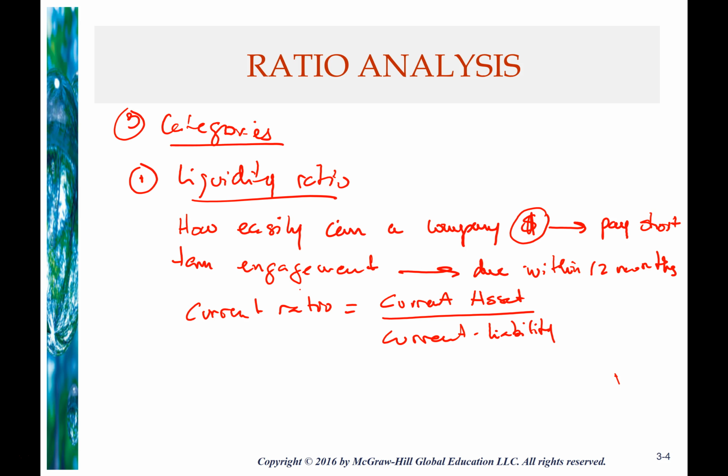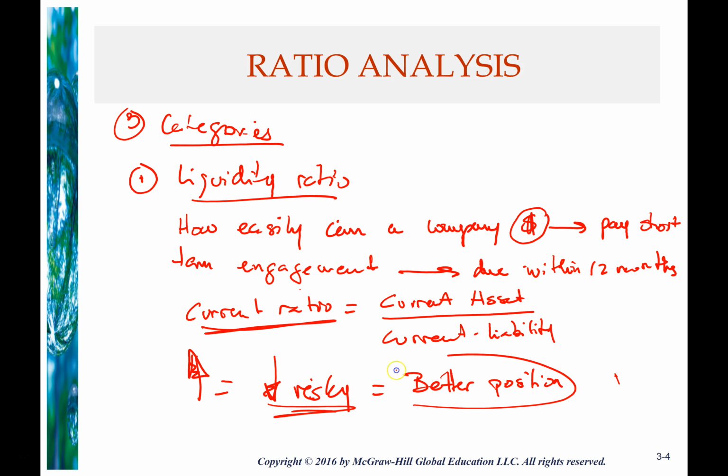So this ratio will tell you how easy can the company collect cash within 12 months to pay debt that are due within 12 months. And usually a higher current ratio equals a less risky company, and that is the best position to be in. So a high current ratio means that your company is less risky, and that's the best position to be in.